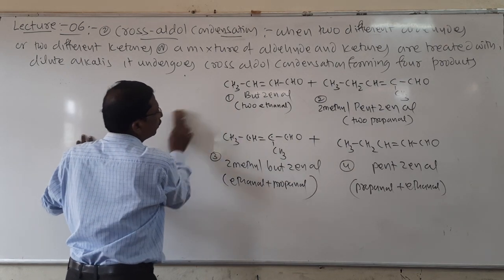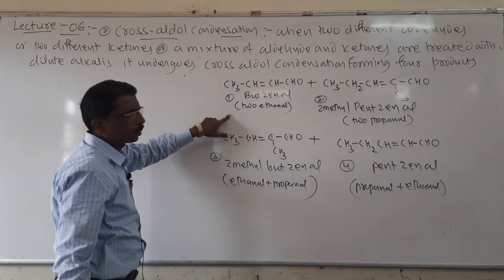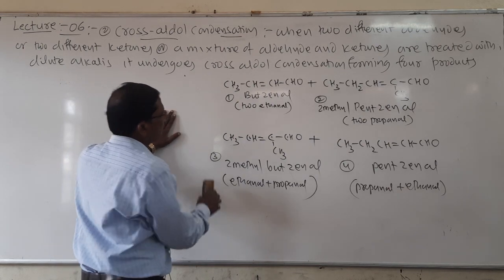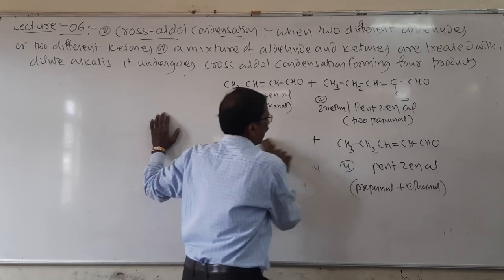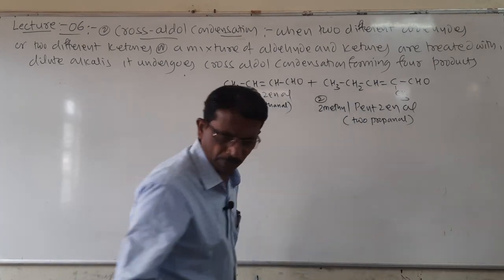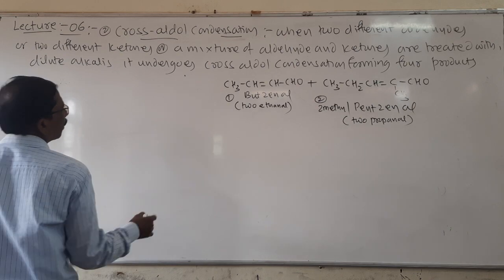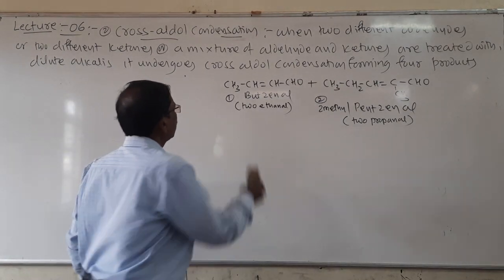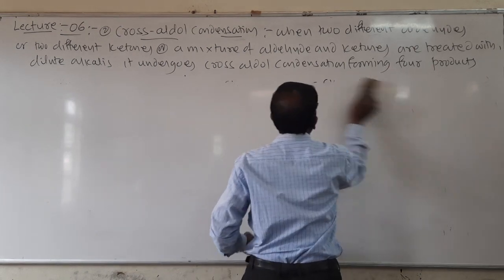Here it is the first product. How is this first product formed? I will show here. Look here, how the first product is formed. I will rub all those things so it is very clear to you.